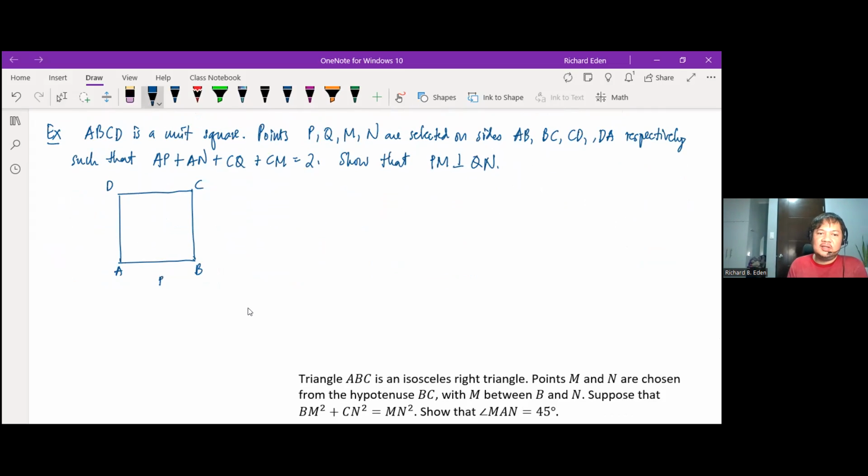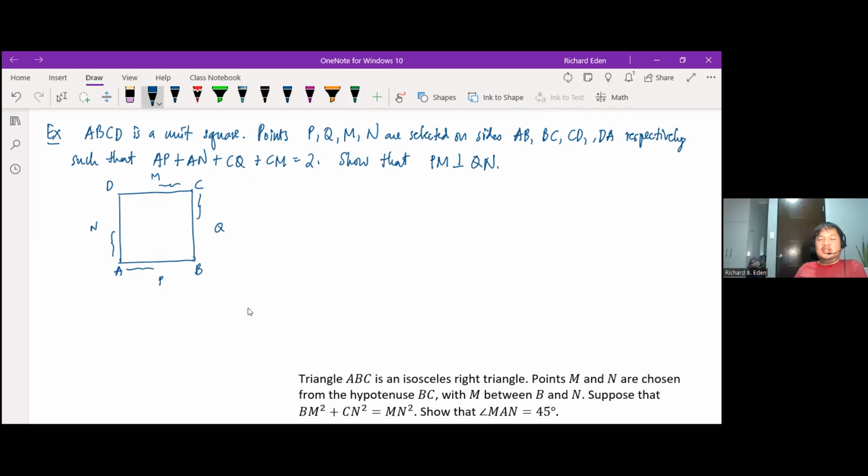And then P is here, Q is here, M is here, and N is there. But with that particular condition, that AP plus AN, and then plus CQ plus CM, the sum should be equal to 2.